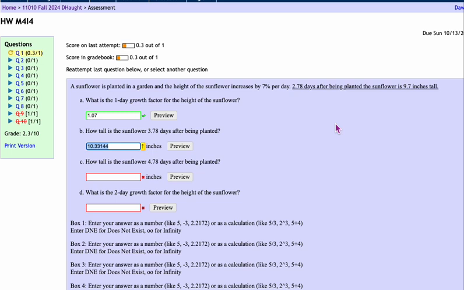From 2.78 to 3.78 is a 1-day growth factor. So if we just take 9.7 times the 1-day growth factor, let's try that. I know that it was 9.7. 1 day later should be times 1.07.